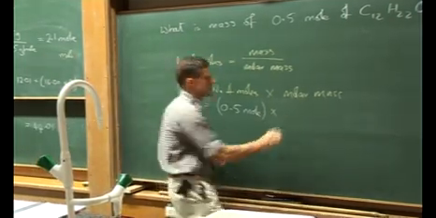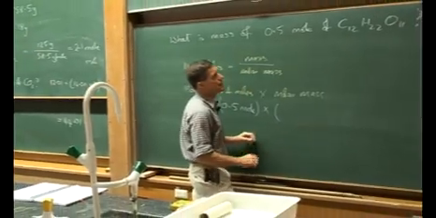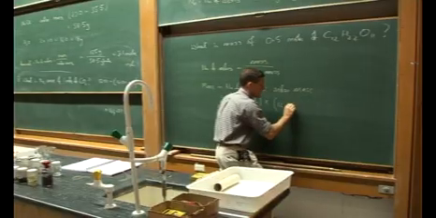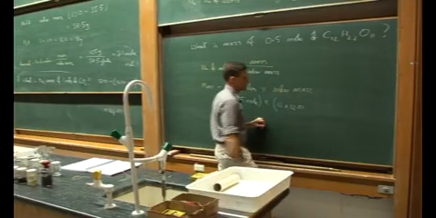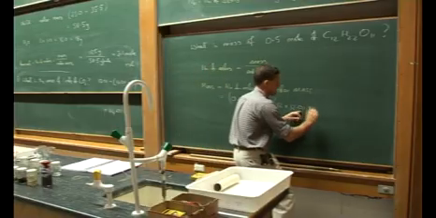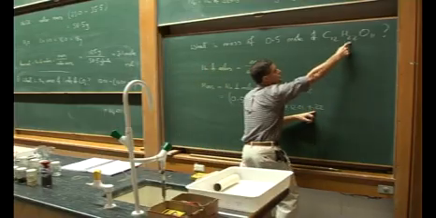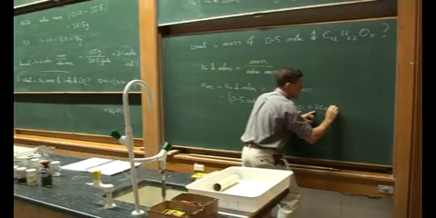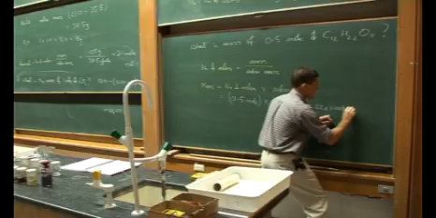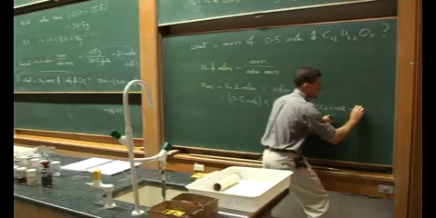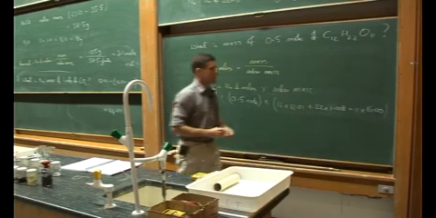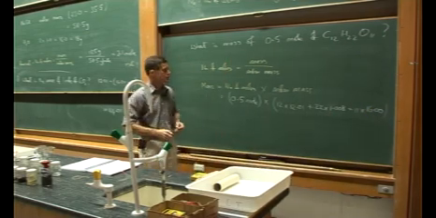The molar mass I get from the formula and the periodic table: 12 times the molar mass of carbon, plus 22 times the molar mass of hydrogen, plus 11 times the molar mass of oxygen.